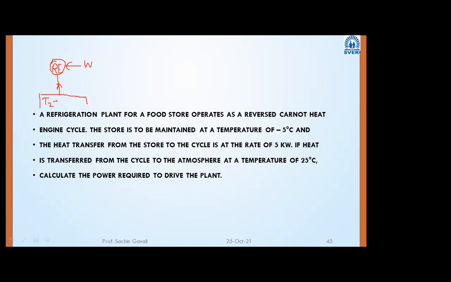T2 is equal to minus 5 plus 273, which is equal to 268 Kelvin. For these Carnot cycle numericals, we use this.